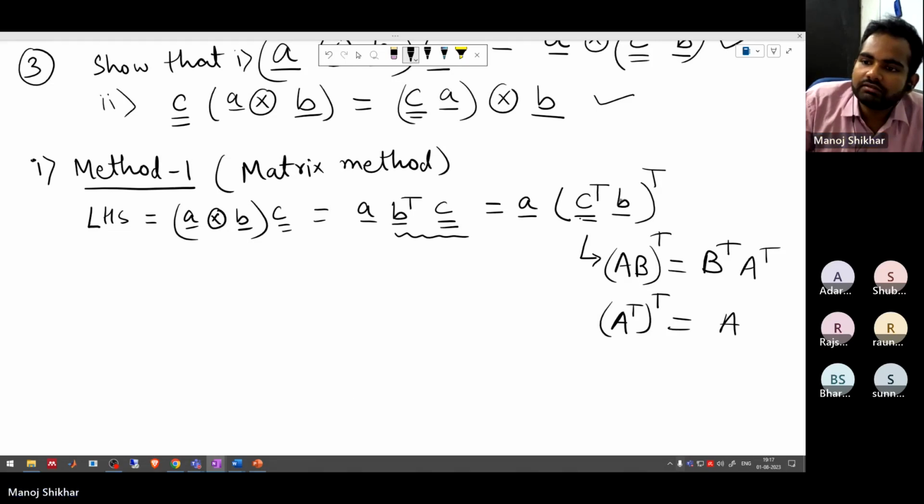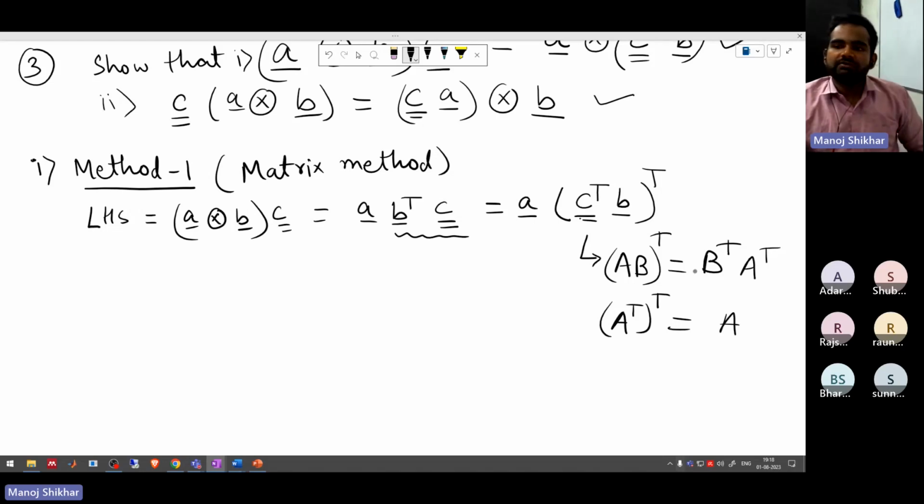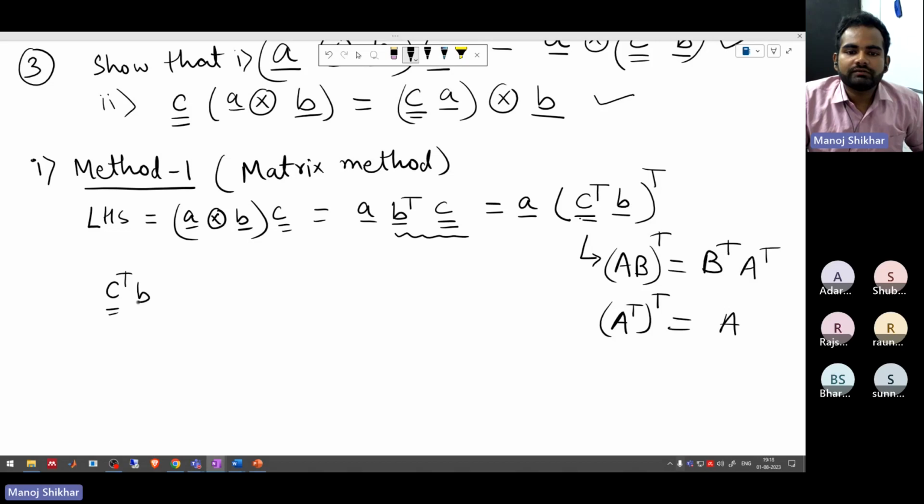And AB transpose is B transpose A transpose. So this is the transpose of what is written here, and we are taking one more transpose here. So you can see what will happen if you do this.